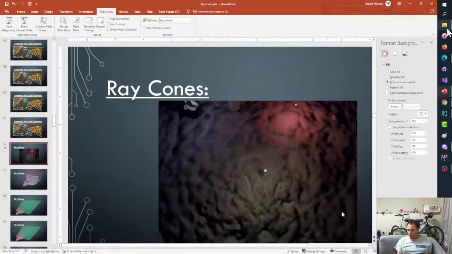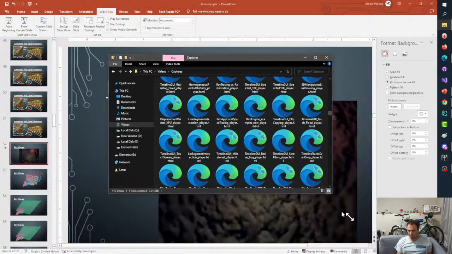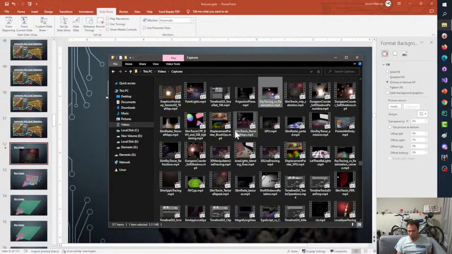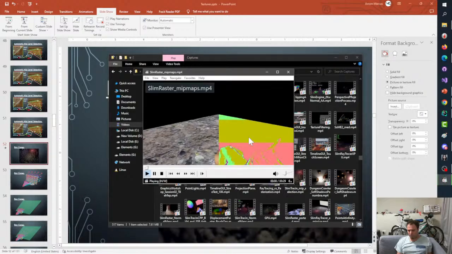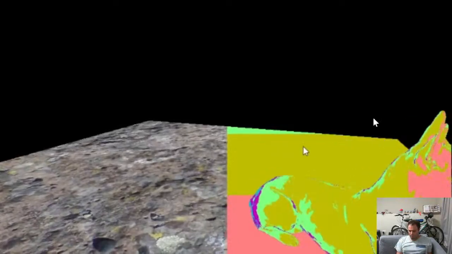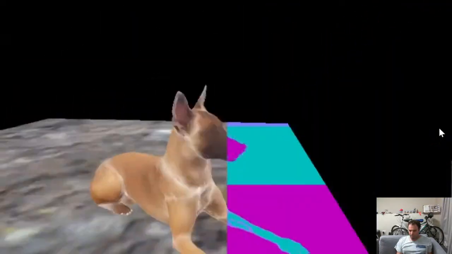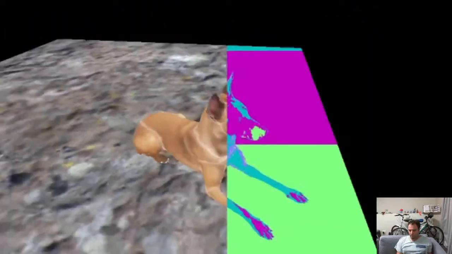I have a video that I did for the rasterizer that shows it. Yeah, so this is the software rasterizer that I have in C, and you can see how the MIP levels are changing.